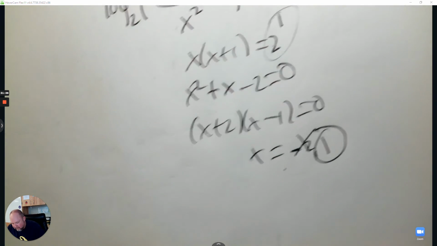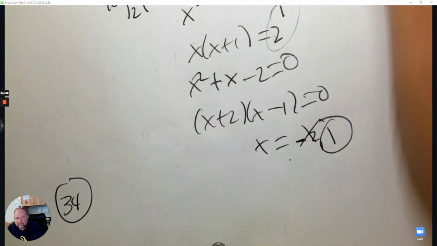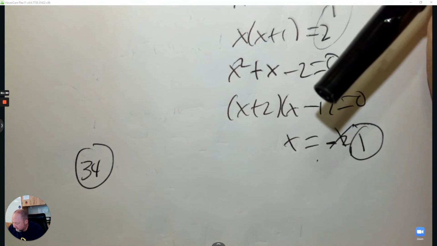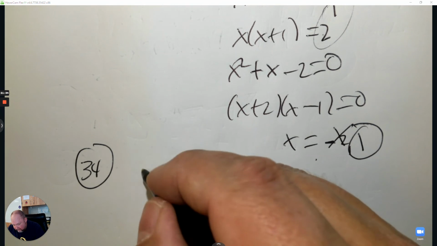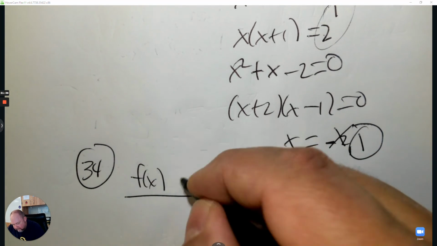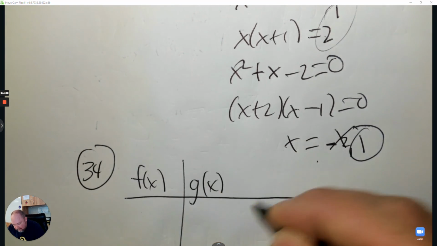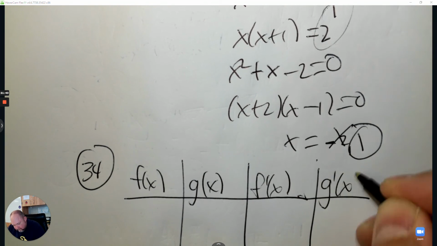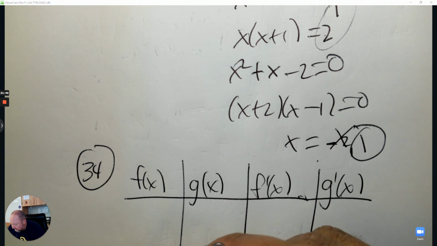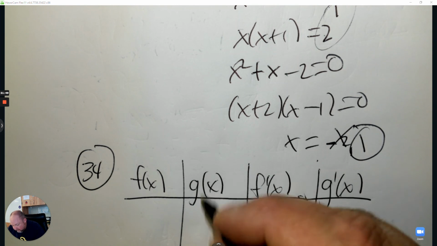All right, last question. Isn't that a beautiful sound? Last question. F and G are inverses. And so I'm going to do a chart to organize it. So F and G are inverses. A point on F, the graph of G passes through negative 1, 2.